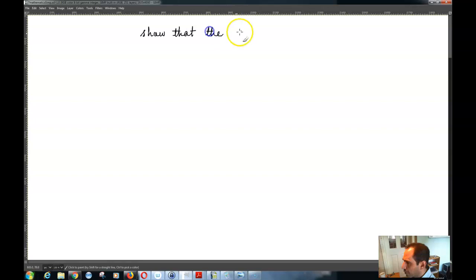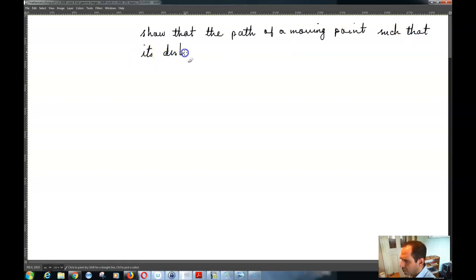the path of a moving point such that its distance from two lines, basically 3x minus 2y is equal to 5, and 3x plus 2y is equal to 5.